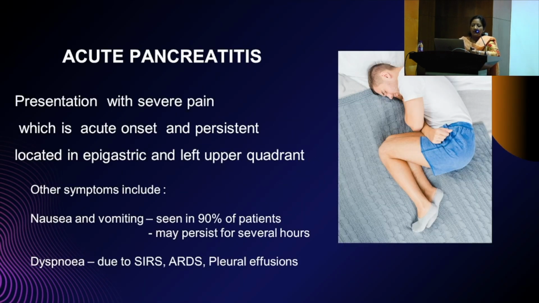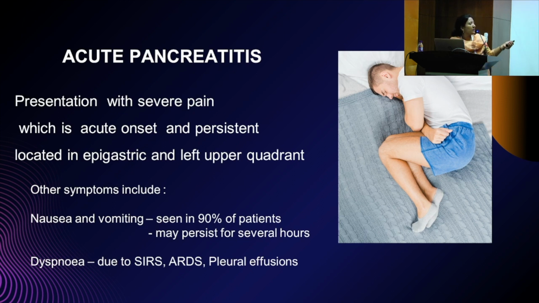Any patient who comes with pancreatitis presents with severe pain abdomen. That's the classical symptom, which is generally acute, persistent, and located in the epigastric or the left upper quadrant. Generally, you can see this is the position.